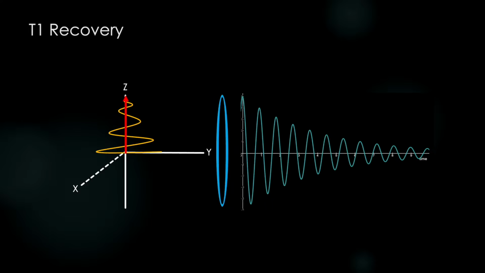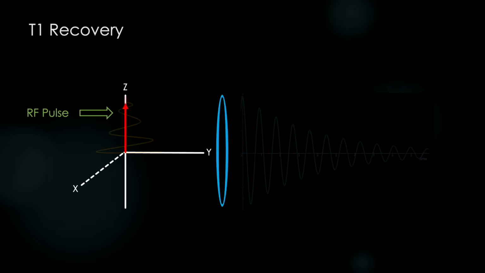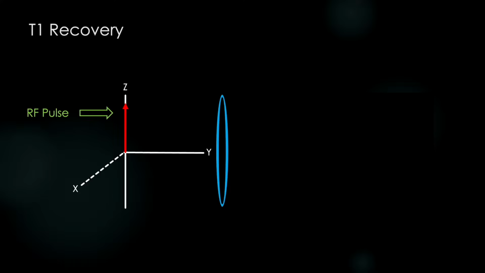Let's take a look at that one more time. We apply our RF pulse, knocking the net magnetization into the xy plane, and upward it spirals, inducing current.